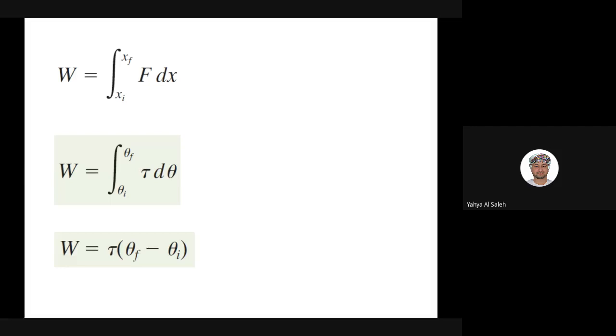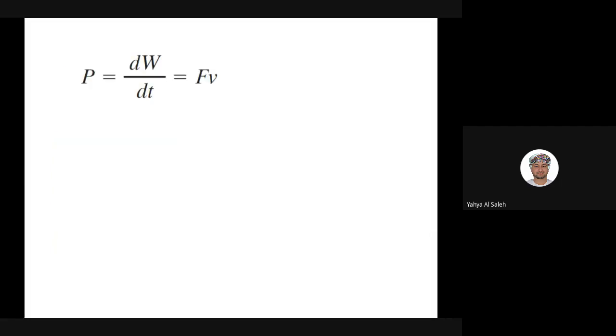If we don't have a fixed torque, then we actually need to integrate the torque with respect to theta and see what we get. More translations. We had power equals dW by dt, so we end up with Fv. Now we will end up with torque times omega. Simple translations over and over and over again.